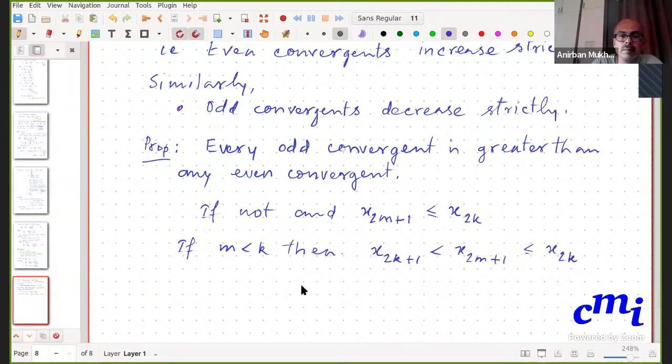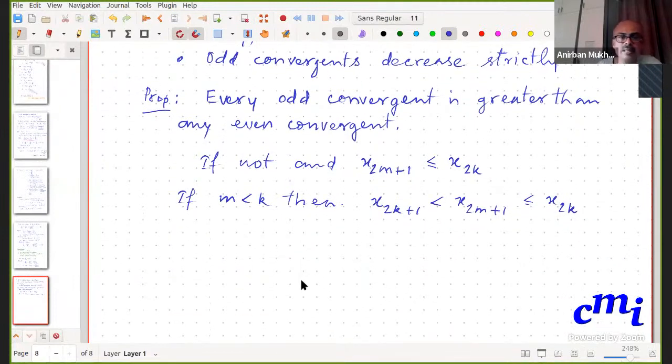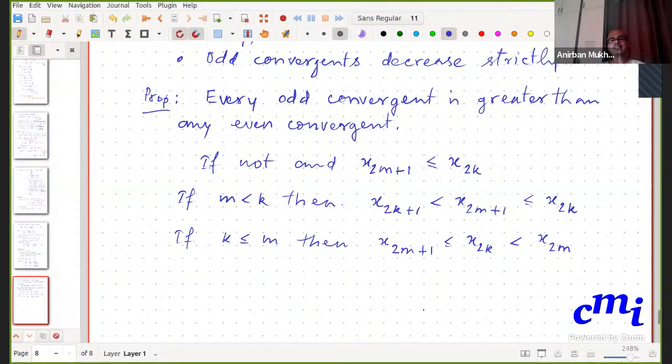But if it is the other way around, so if k is greater than or equal to m, then x2m plus 1 is greater than or equal to x2k and x2m, because odd convergents are decreasing and even convergents are increasing.